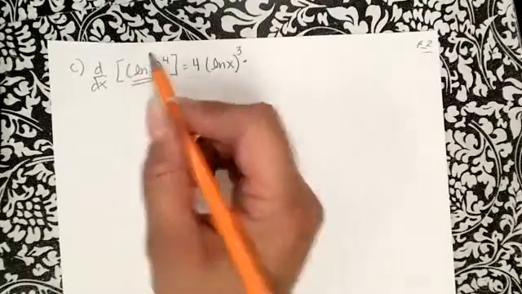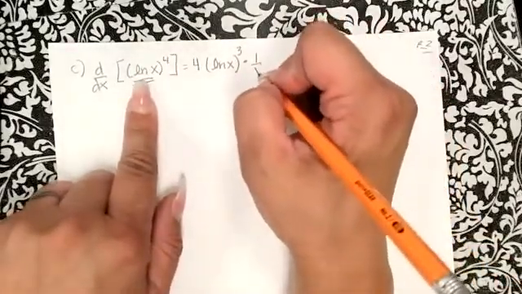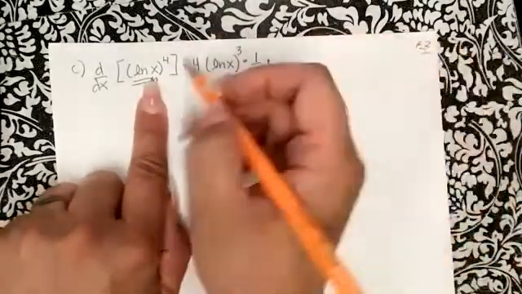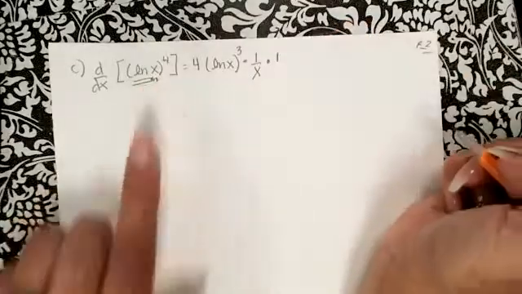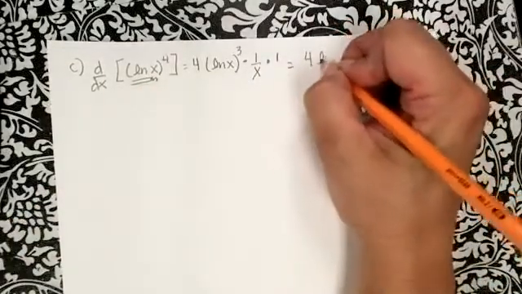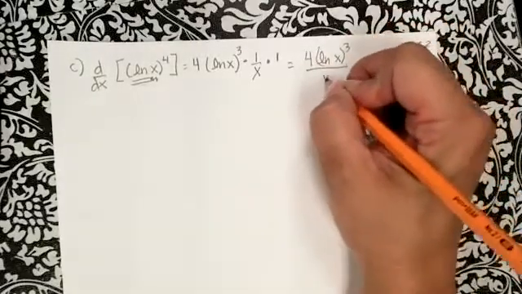Now I'm going to take the derivative inside. The derivative of natural log of x is going to be 1 over x, because the argument is x. And then the derivative of x is just a 1. So to clean this up, this is going to be 4 natural log x to the 3rd power all over x.